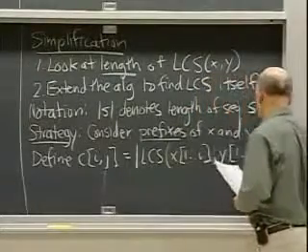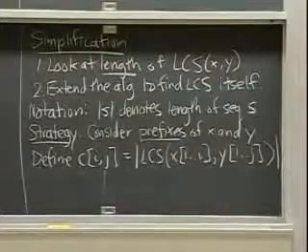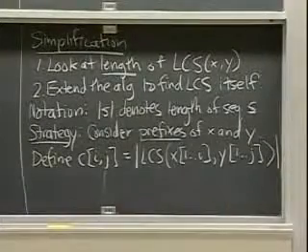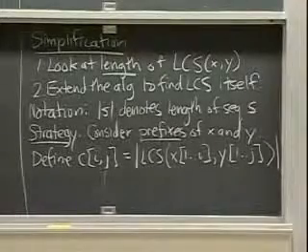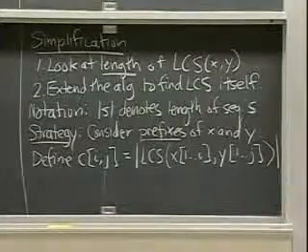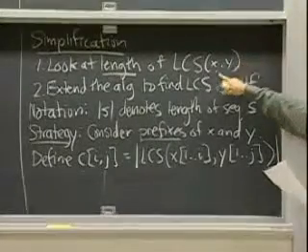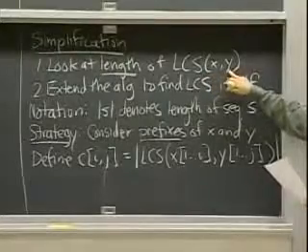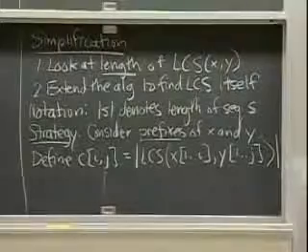And what we're going to do is calculate C of ij for all i, j. Okay? And if we do that, how then do we solve the problem of the longest common subsequence of x and y?